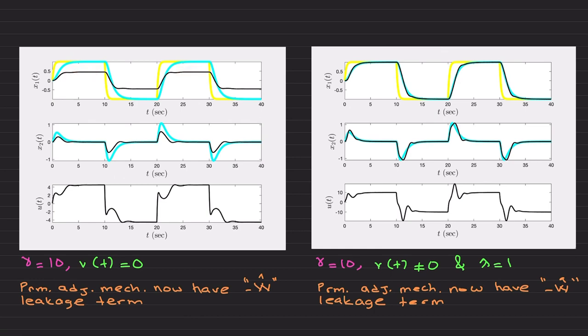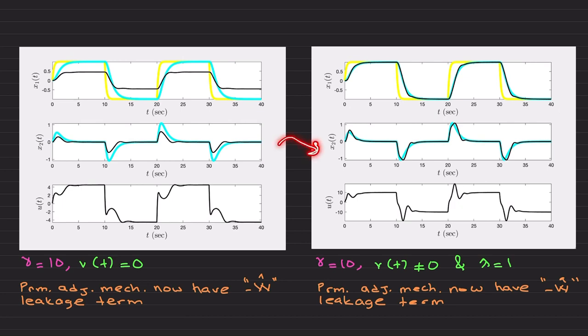But basically, I mentioned that this method can be used to recover the performance even when you have high leakage terms, or if you have high neural network approximation errors for the neuroadaptive control case. So here, again, I consider the same case.